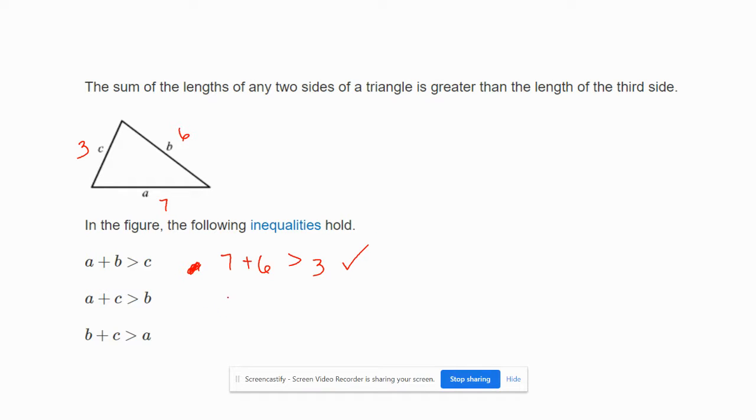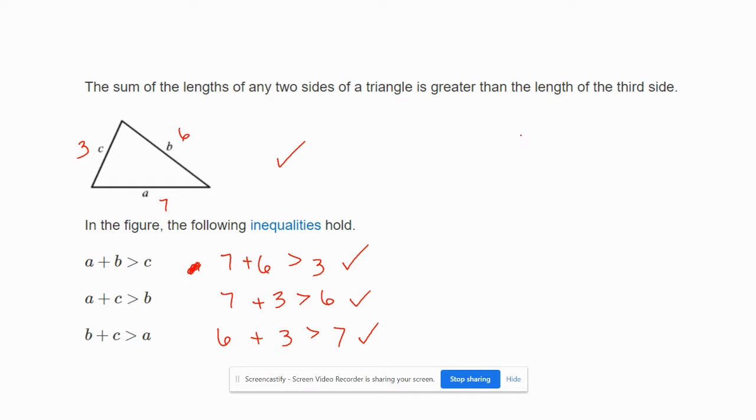Next, A is 7, C is 3, and that's greater than 6, right? 10 is greater than 6. The last one, B plus C, 6 plus 3 is greater than 7. That's true. So this gives me 3, 6, and 7 can be a triangle.